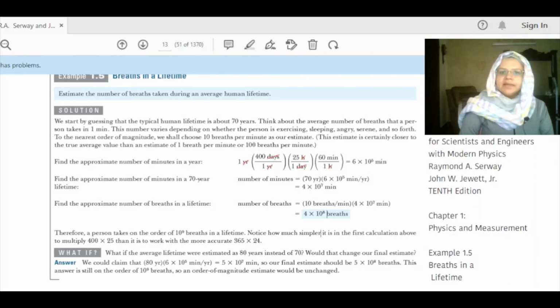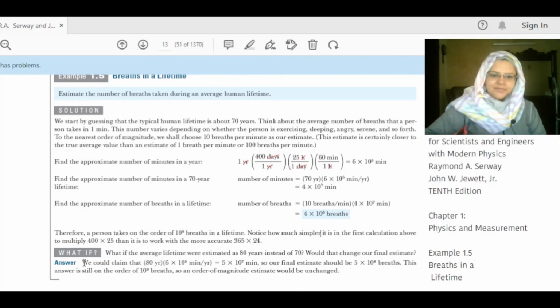If we multiply it by the number of breaths per minute, that is, in 1 minute the person breathes 10 times approximately, we would get 5 times 10 raised to power 7 minutes times 10 breaths per minute, giving us a total of 5 times 10 raised to power 8 breaths. This is still lower than our estimate of 10 raised to power 9 breaths, and our order of magnitude calculation is correct.